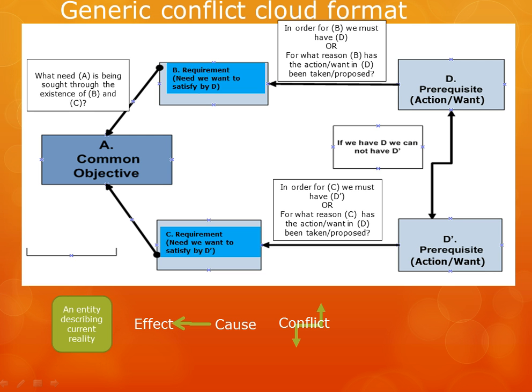So what we want to do is expose all of these entities in a way that assists us in identifying what the problem is and what the common objective is and what are the requirements that we need in order to achieve each of these different points of view, which are represented in the prerequisites.